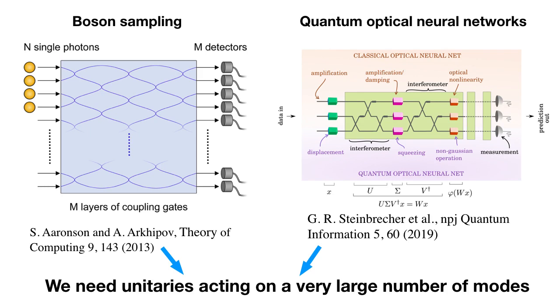Another example, with a sequence of unitary transformations and optical nonlinearities, one can construct a quantum optical neural network that could have many applications in quantum machine learning. But for these applications and many more in photonics and quantum information processing, we need the ability to perform unitaries on a very large number of modes.